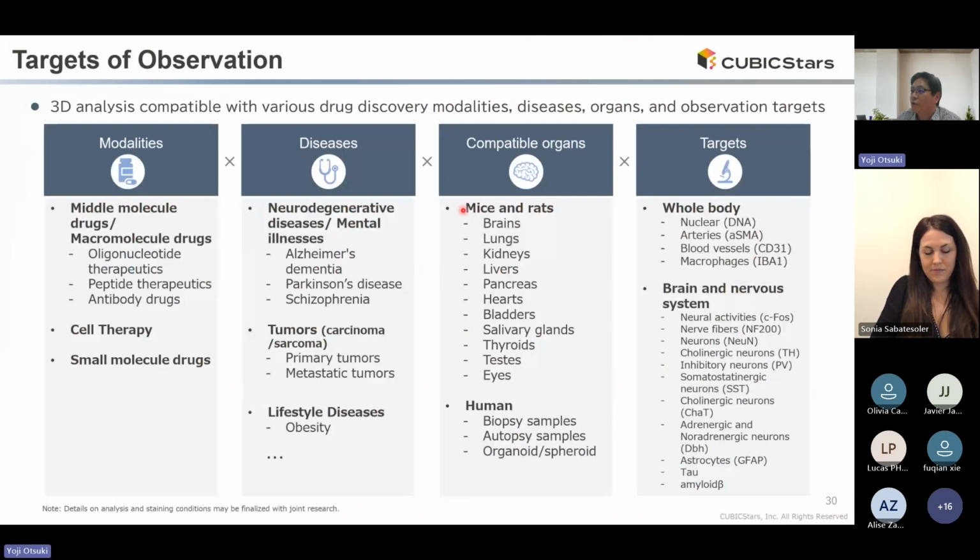So I just showed you a very limited number of application studies using our techniques, but the possible combinations are numerous. We can consider several drug modalities, diseases, compatible organs, and compatible molecular targets.